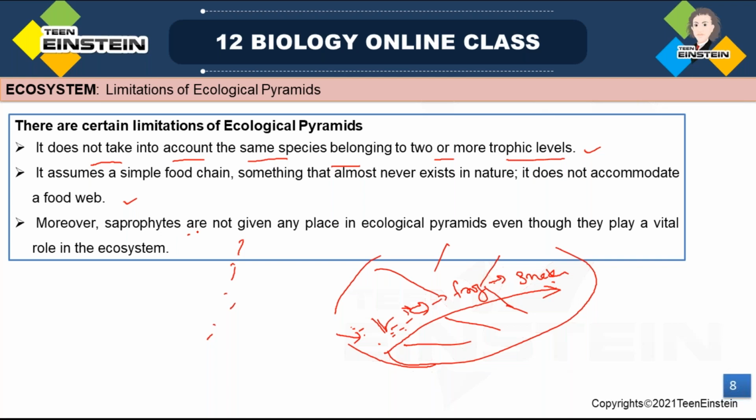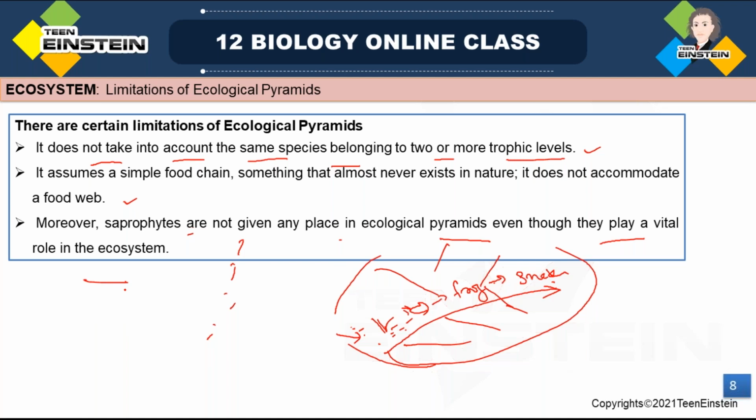But these organisms, the microbes and decomposers and all, don't have any place in this ecological pyramid. It's not at all considered, though we have to include them, because they have a very important, vital role in the ecosystem, right? All dead matter is decayed by these kinds of organisms, so they have to be included. So these are the limitations of the ecological pyramid.